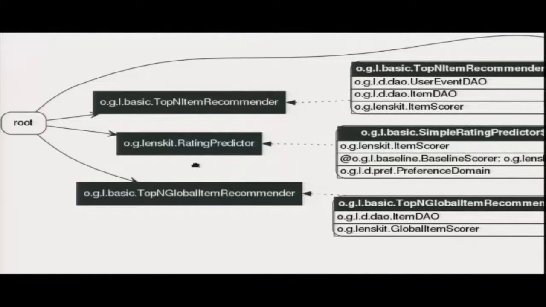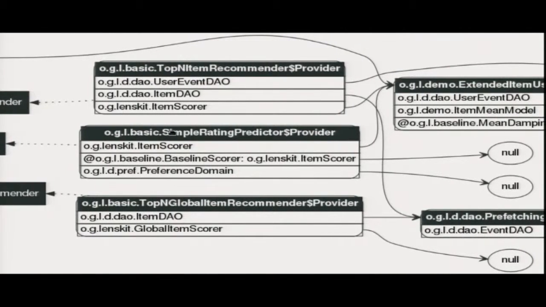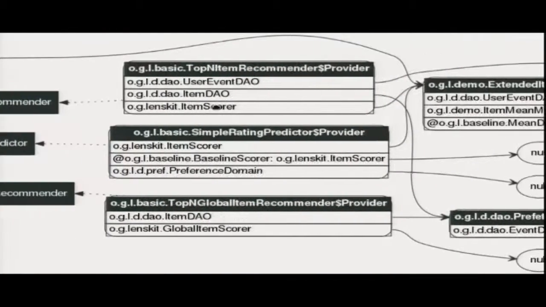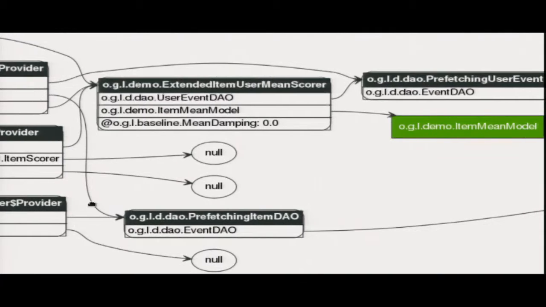It shows that the root depends on, so just a plain arrow is depends on, a top-N item recommender, a rating predictor, a global item recommender. These are all provided by default providers in LensKit that automatically provide sensible versions, so a top-N recommender, a simple rating predictor, a global item recommender.